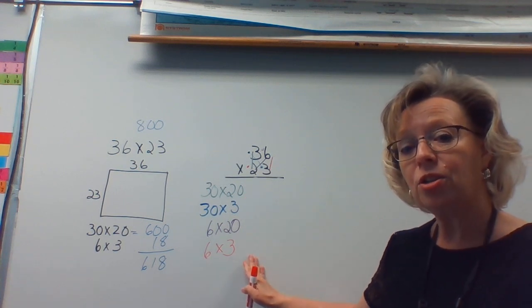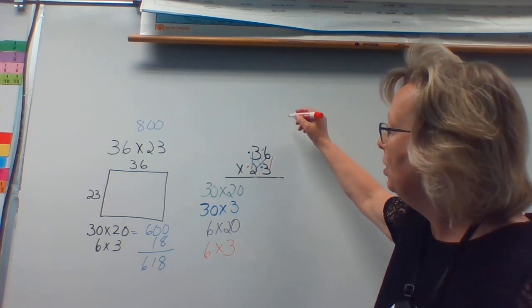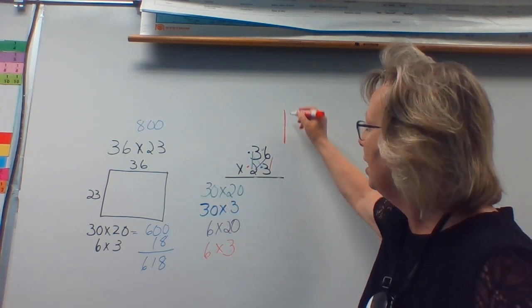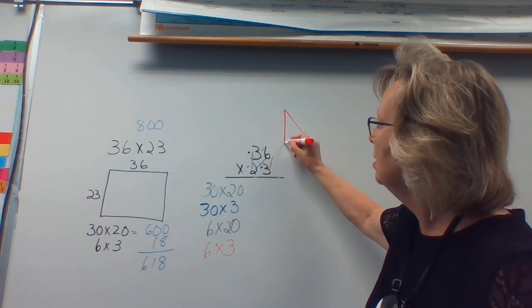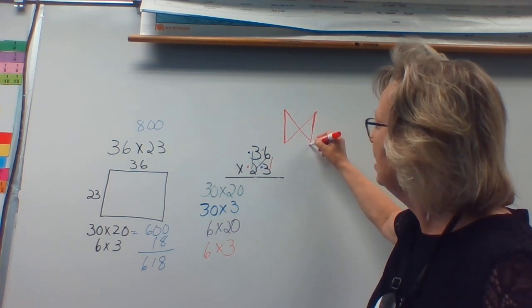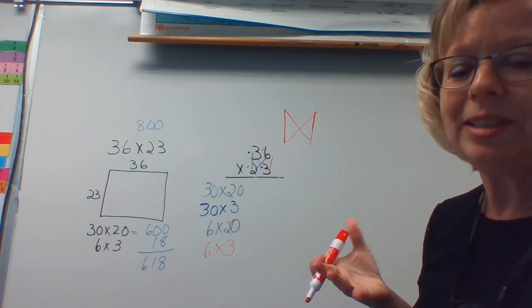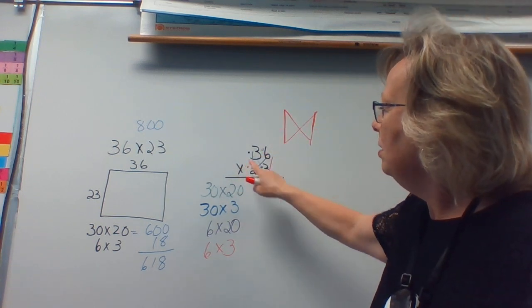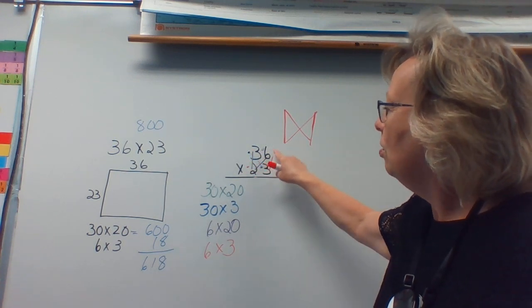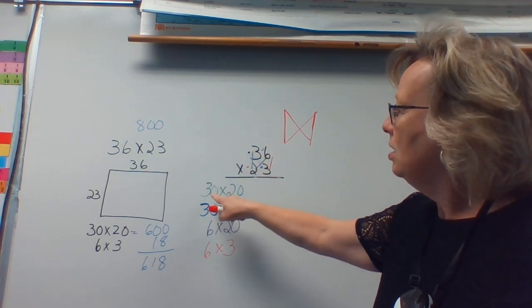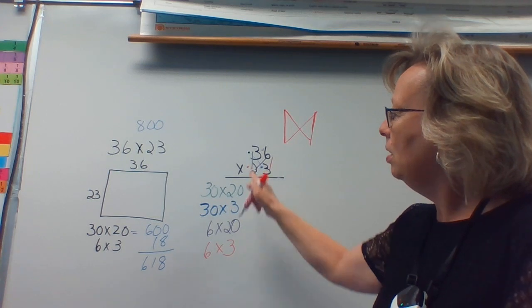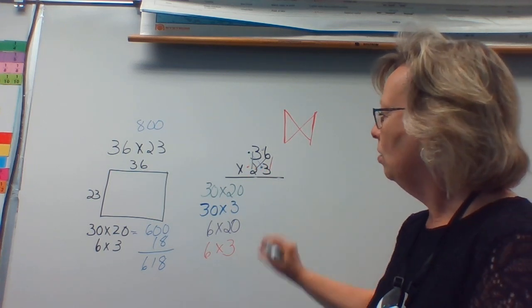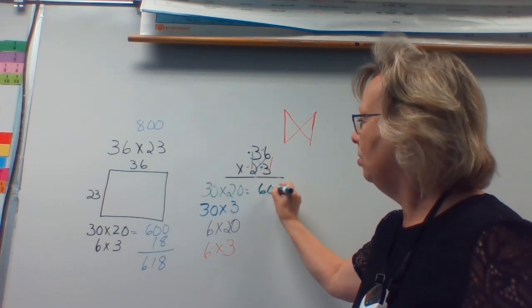This is my partial product design: a line and a cross, and a cross and a line. It kind of looks like a design on a barn door. Down, across, and down.